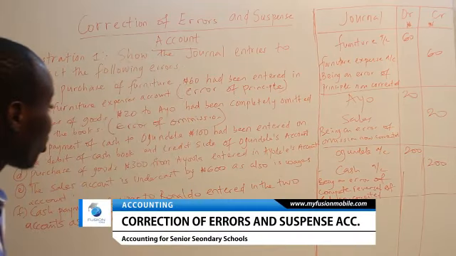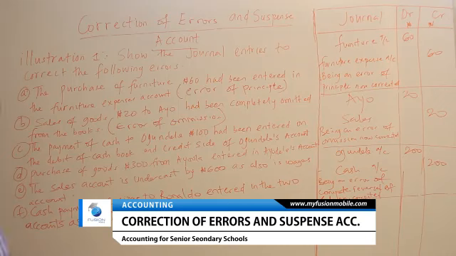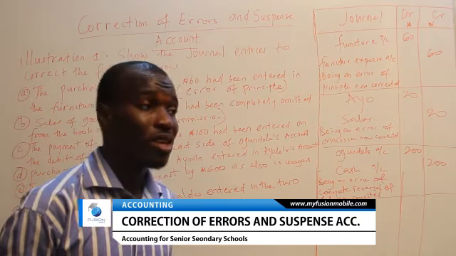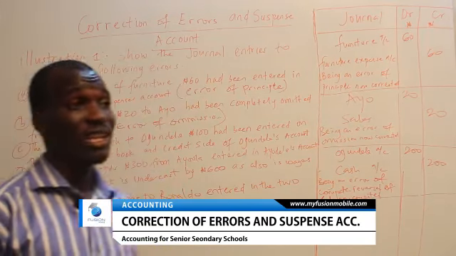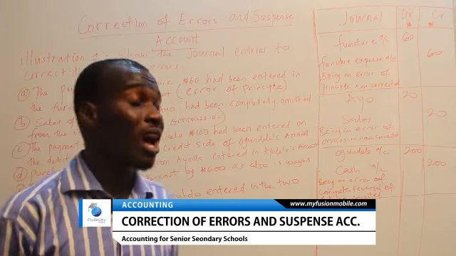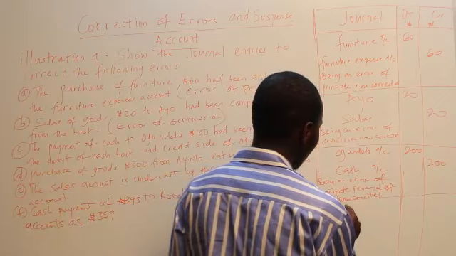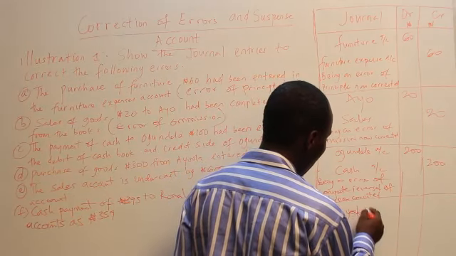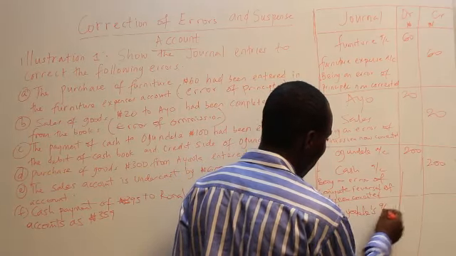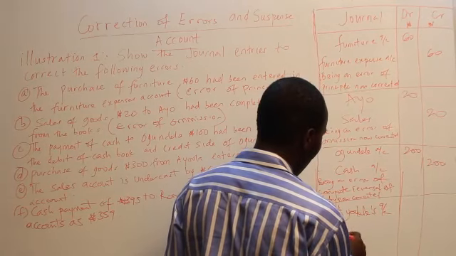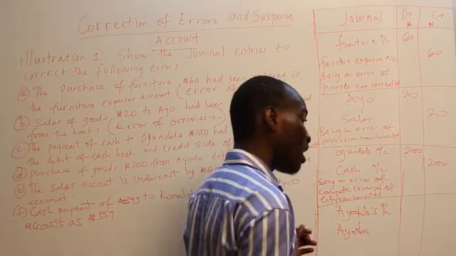So that amount of entries in Ayodele's account needs to be cancelled. And how can we cancel that? For us to debit Ayodele's account and correctly credit Ayola's account. So we're going to debit Ayodele's account now and credit Ayola's account to show the correct entry.